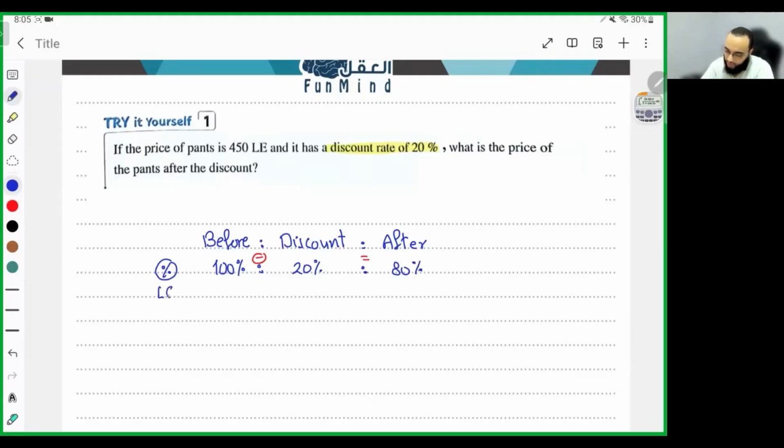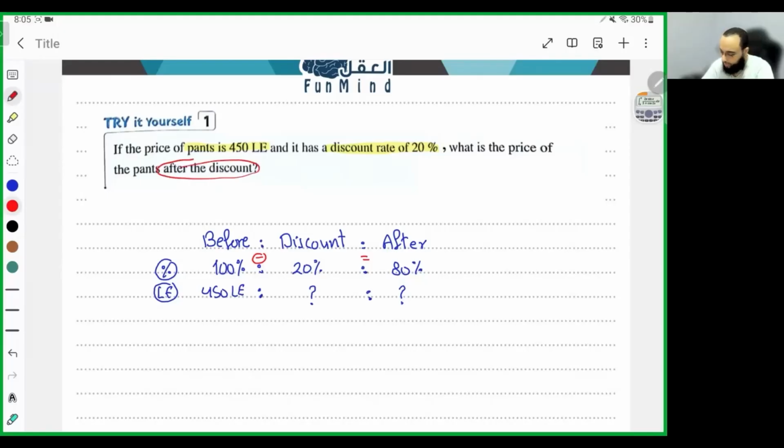After that, there is another line for the pounds, the money. What is the price of the pants before the discount? 450 LE. Do you know the discount itself? No. Do you know the price after the discount? No, he's asking about the price after the discount.